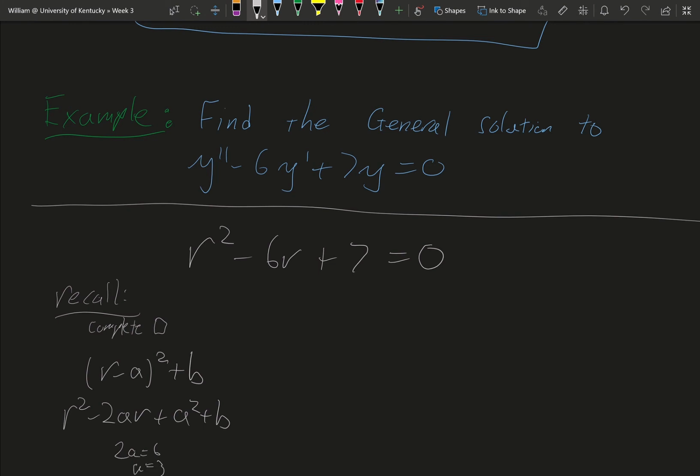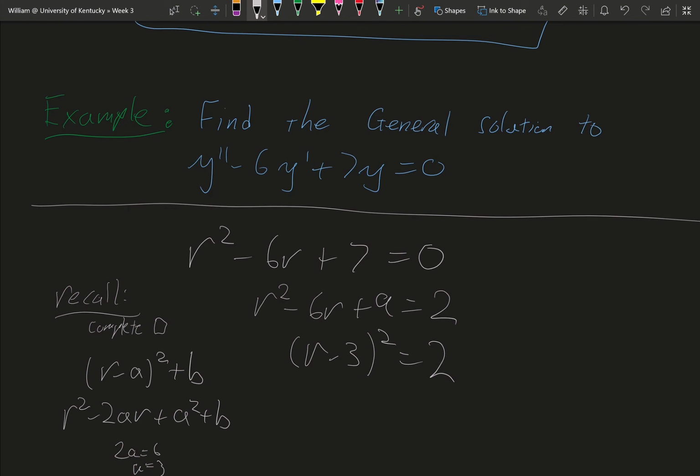Again, I'm showing this in way too much detail, but we need a 9, so let's add 2 to both sides. And now on this side, we have r minus 3 squared equals 2.